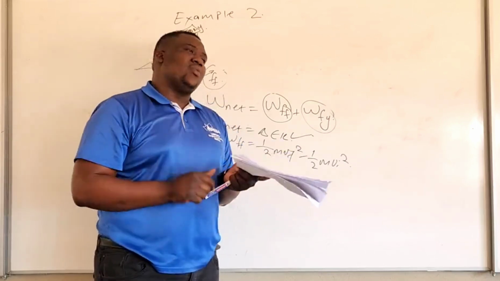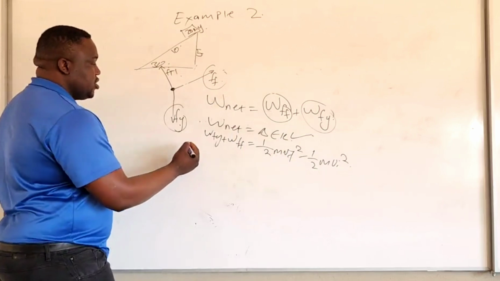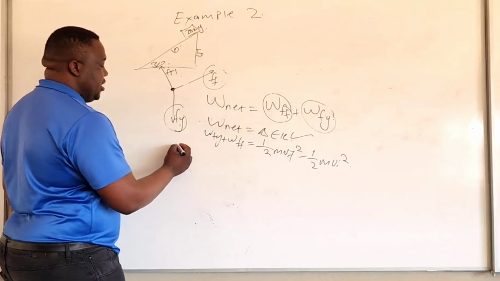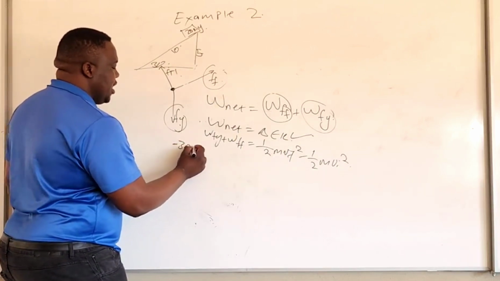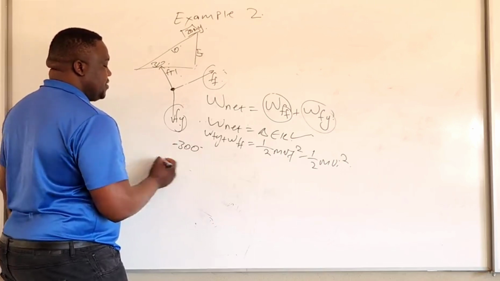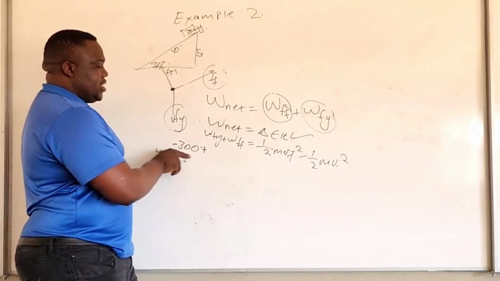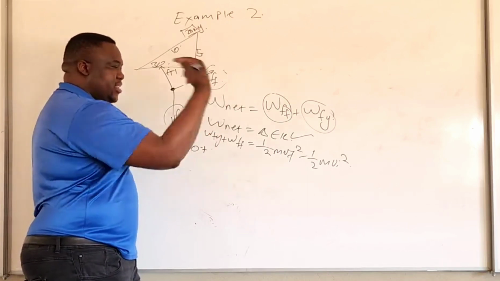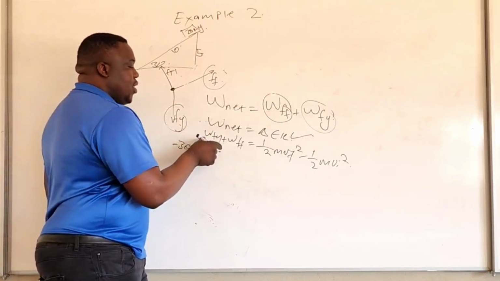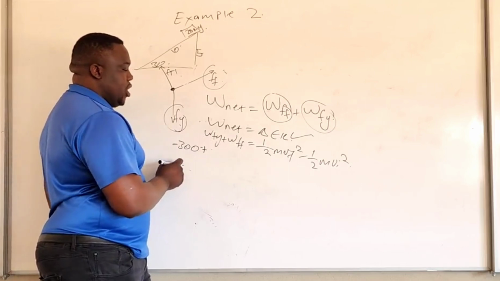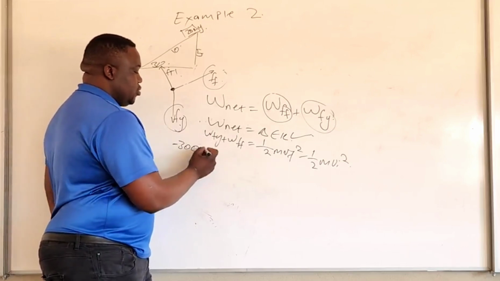So work done by friction was already given, it is negative 300. Work done by gravitational force plus the work done by frictional force is minus 300, the one which we just calculated. The work done by gravitational force is what we want to calculate now.